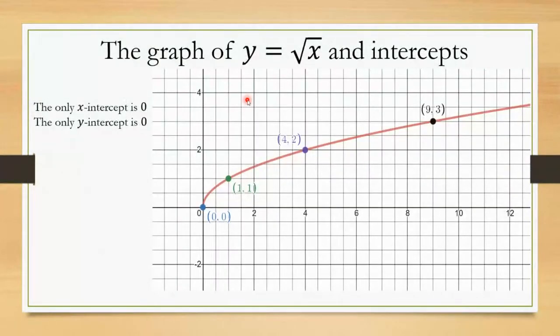So let's look at our friend, the square root of x. Y equals the square root of x. Looking at this graph, what are the x and y intercepts? Notice that the only time the graph intersects the x-axis and the y-axis is at the origin.